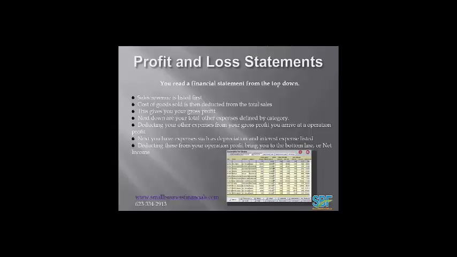Now, it can be a negative gross profit, or a gross loss, or a positive. The next thing on your P&L is going to be all of your other type of expenses, such as your rent, your automobile expenses, your utilities, your telephone, things of that nature.